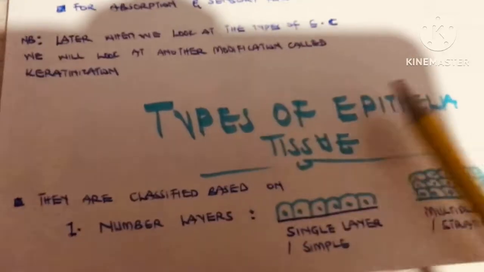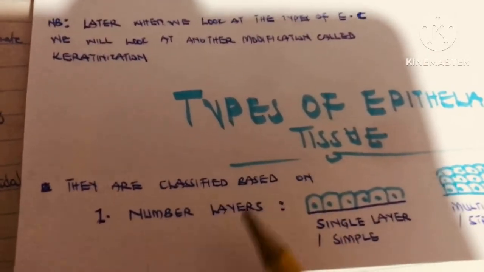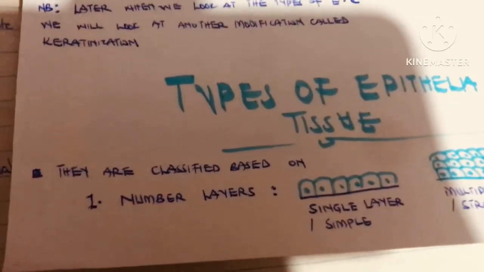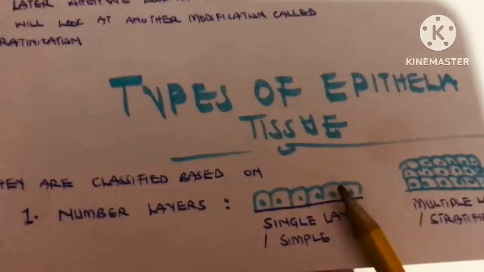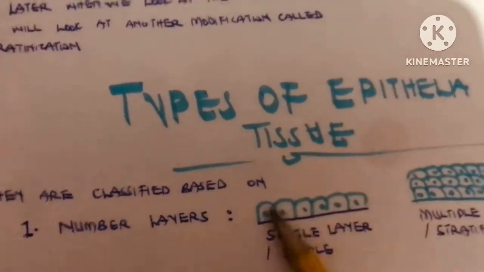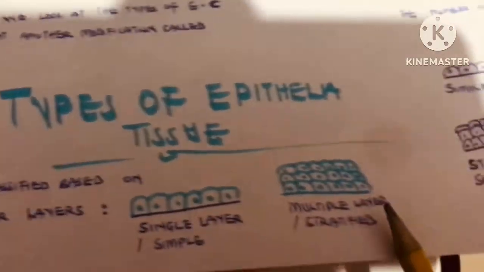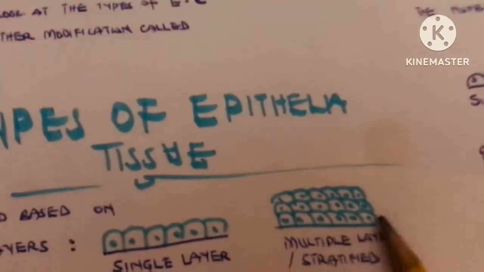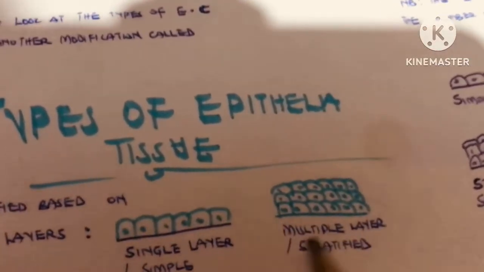The epithelial tissue can be classified based on the number of layers. Sometimes you can have a single layer, and we call that simple. Sometimes you can have multiple layers of cells, and that we call stratified.